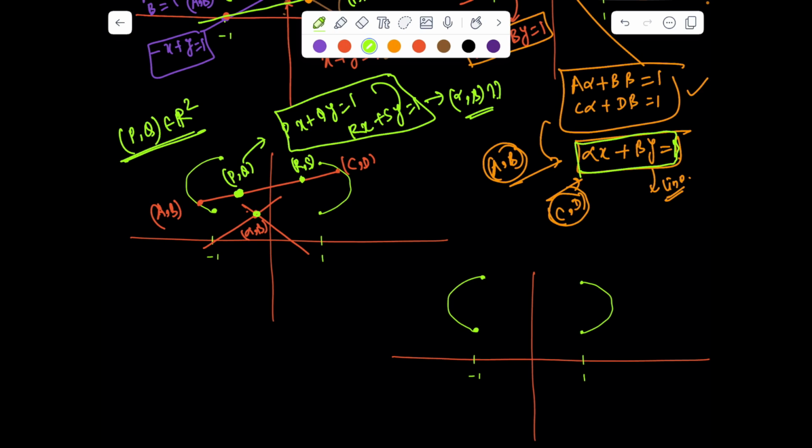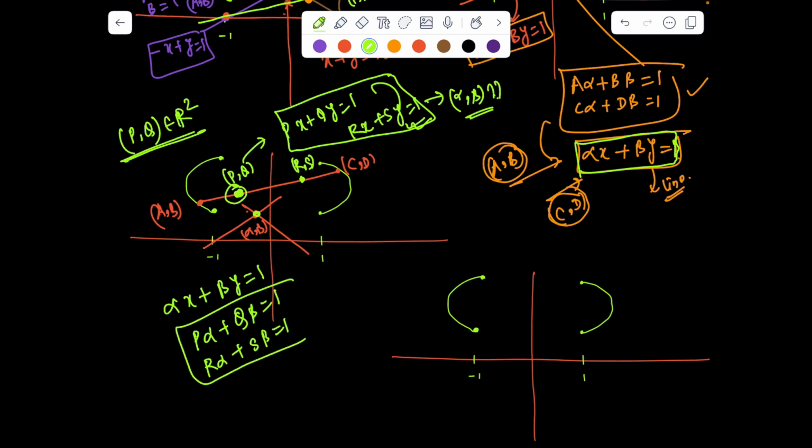Since we know Px + Qy = 1 and Rx + Sy = 1, we have to prove that the intersection of both these lines passes through (alpha, beta). Since we know (P, Q) lies on the line given by alpha x + beta y = 1, P and Q will satisfy this, hence we'll have P alpha + Q beta = 1.